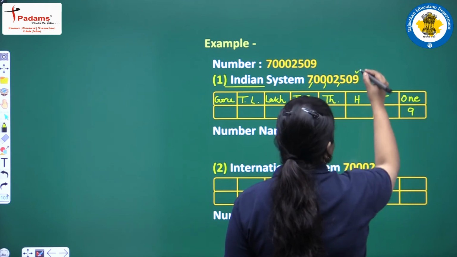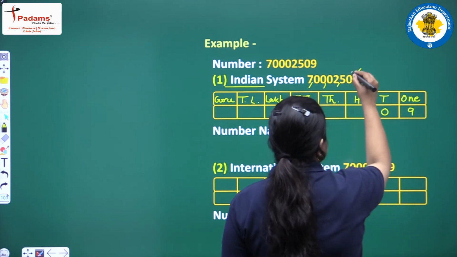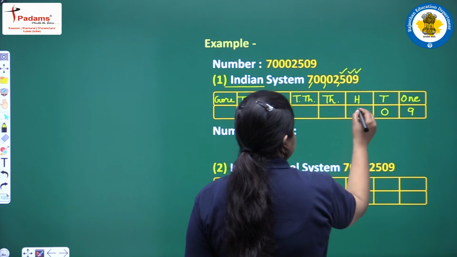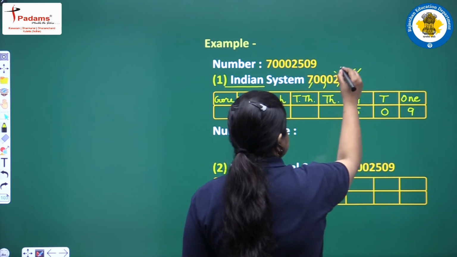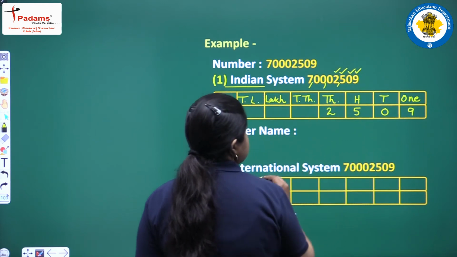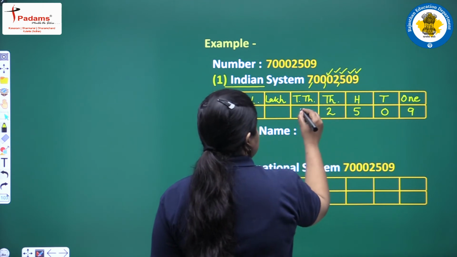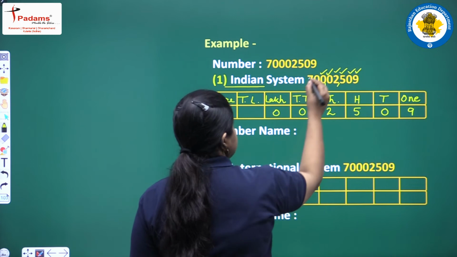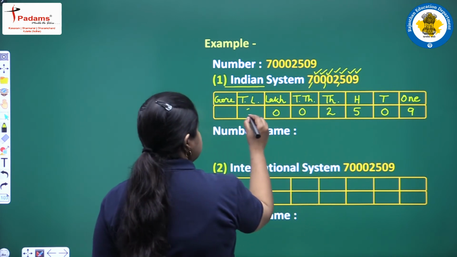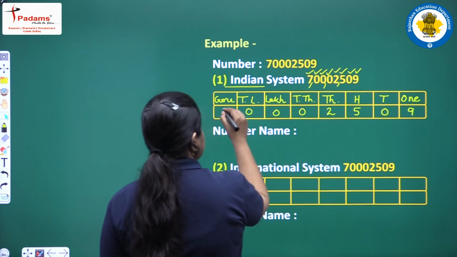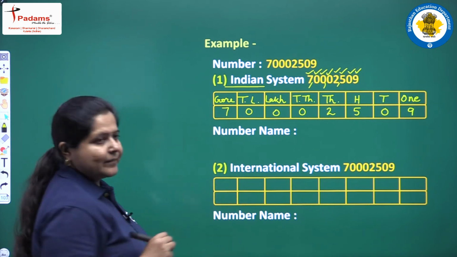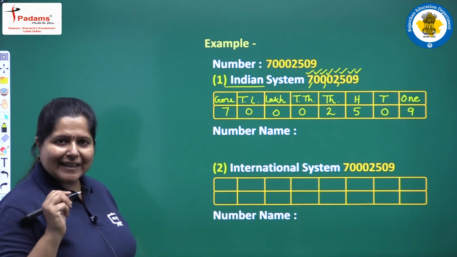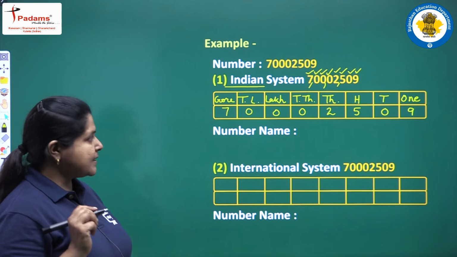Now we fill up the digits. 9 at ones place, 0 at tens place, then 5 at hundreds place, 2 at thousand place value, 0 in this one, then again 0 at lakhs place value, again 0, and again now we have 7. Now we will write the number name as per Indian system.